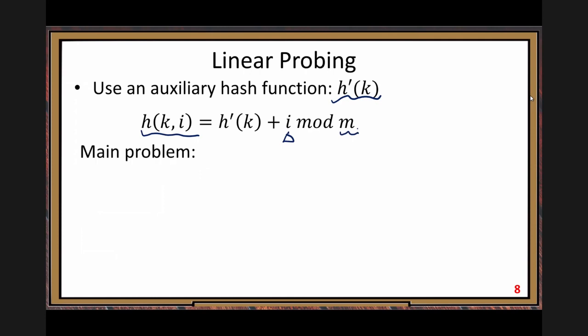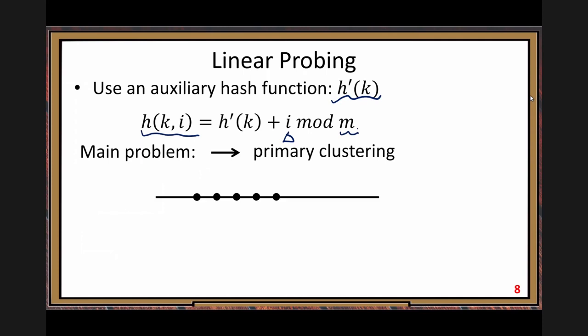The main problem of linear probing: there is a primary clustering problem. If I draw the diagram here, think about it: if these slots are occupied, there is a cluster here.